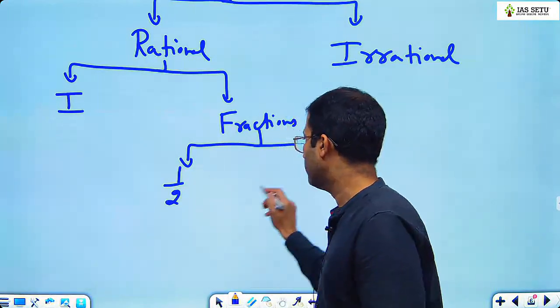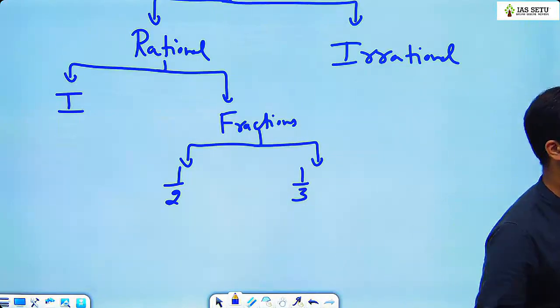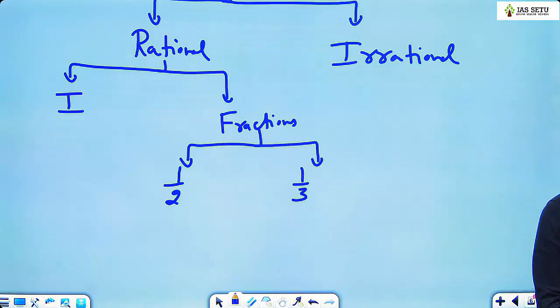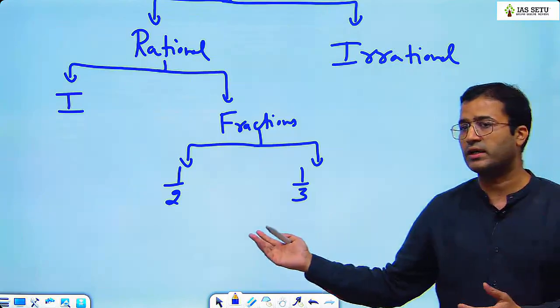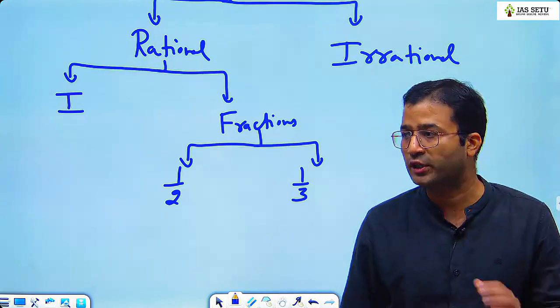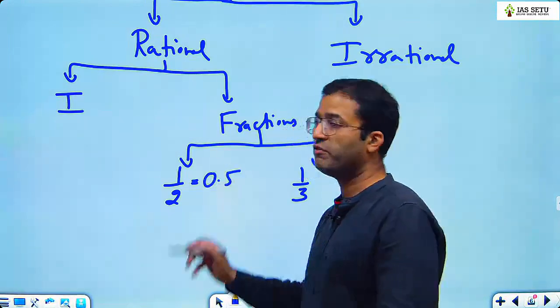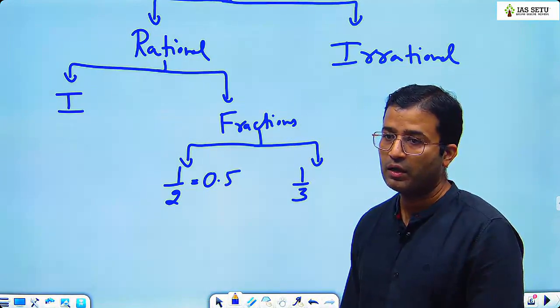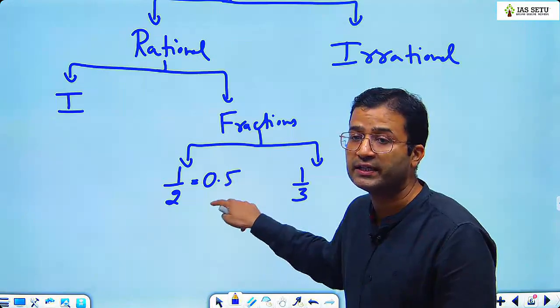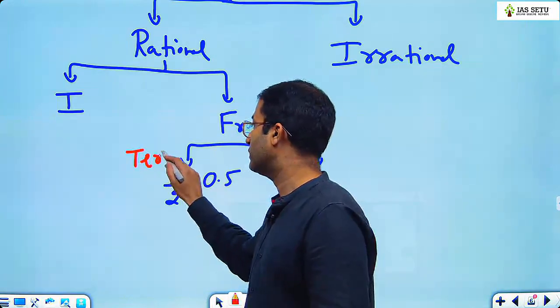1/2, 1/3. You write 1/2, 1/3 separately. Some students say, sir, they look the same. You convert them into decimals and you see the beauty. What is 1/2? 0.5. What is this called? Terminating decimal.